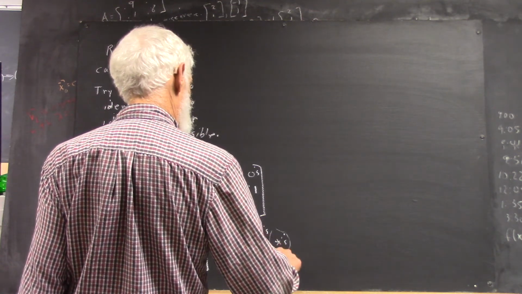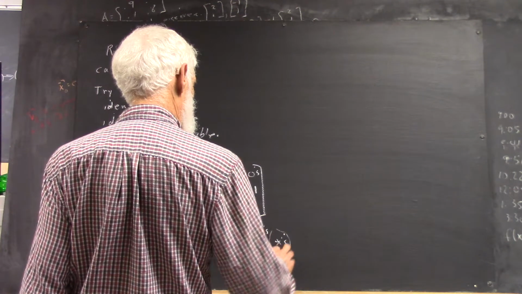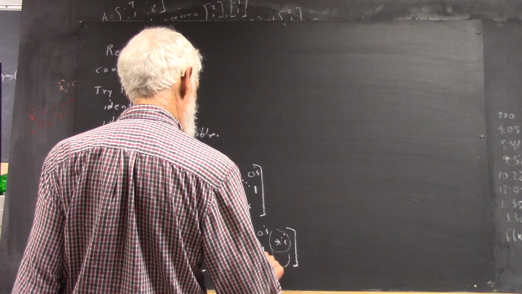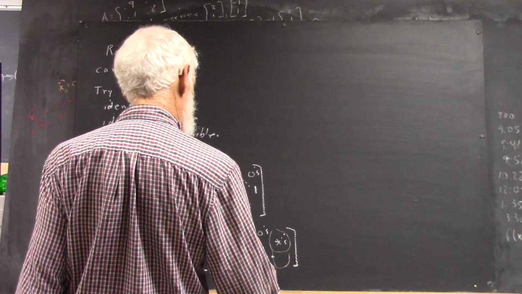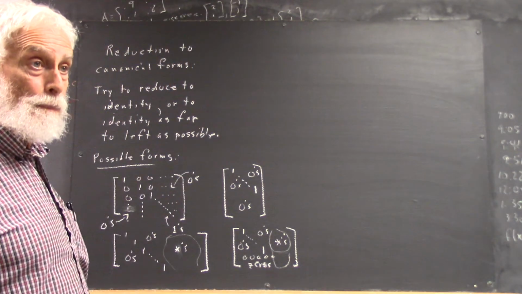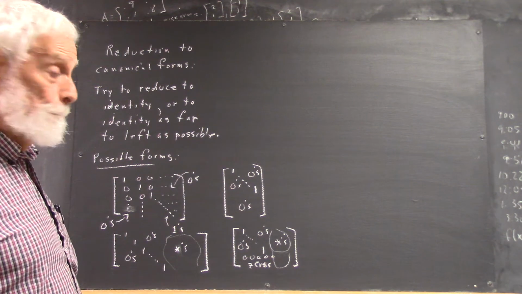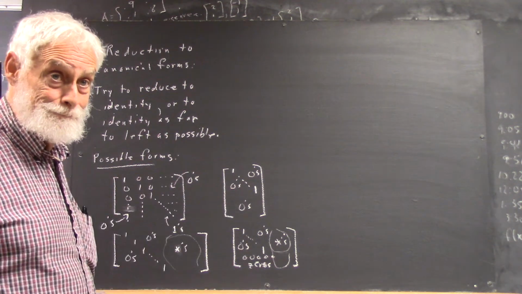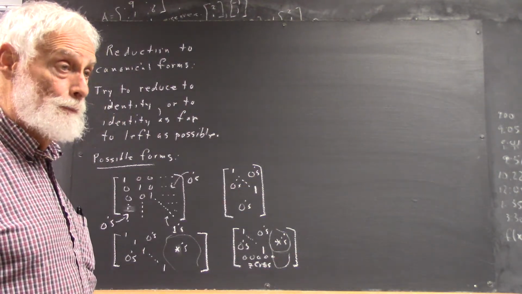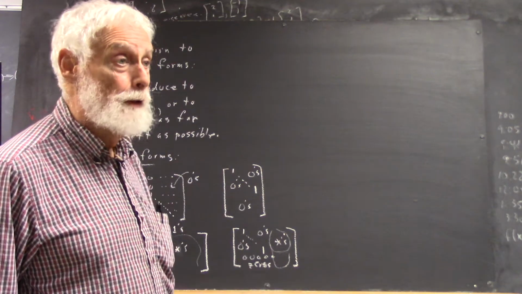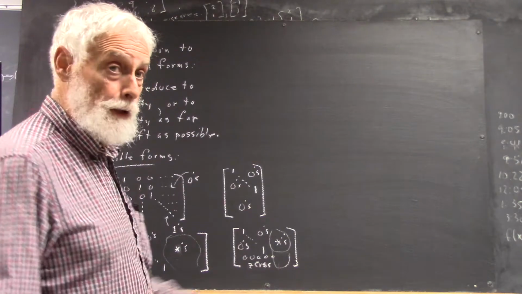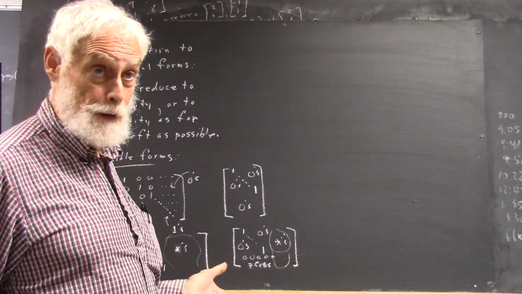We could reduce down here and we get a bunch of asterisks over here and all the way down to here, and we could get a bunch of zeros. Even if this is a square matrix, we could all of a sudden find that everything else has been eliminated. Or we get zeros here with asterisks over here. All those things have interpretations depending on the situation you're looking at.